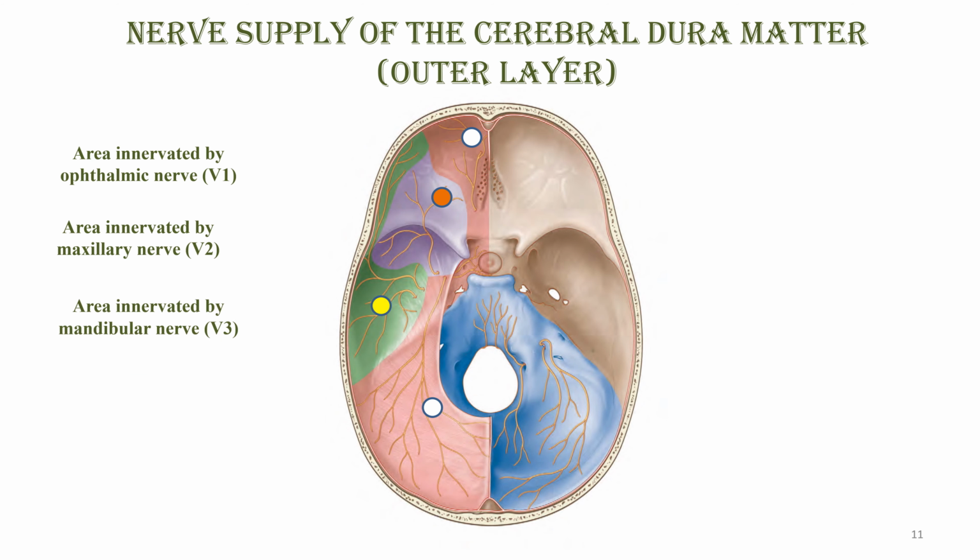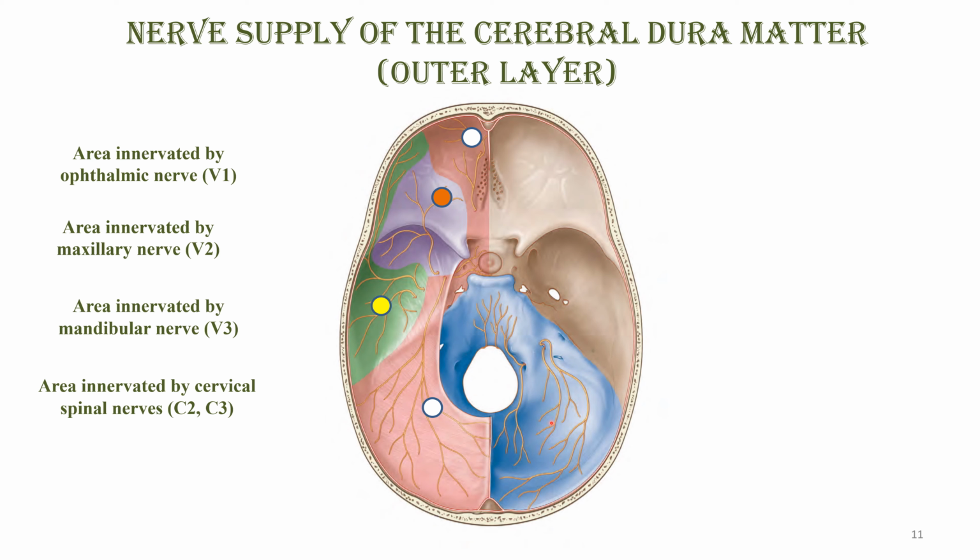And that is the area supplied by the mandibular division. So these are the areas supplied by the trigeminal nerve, on both sides, of course. The lower part of the posterior cranial fossa is supplied by cervical nerves, carried by the hypoglossal nerve.